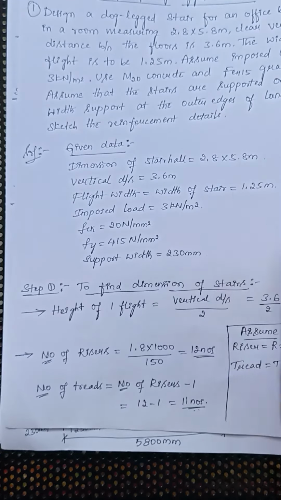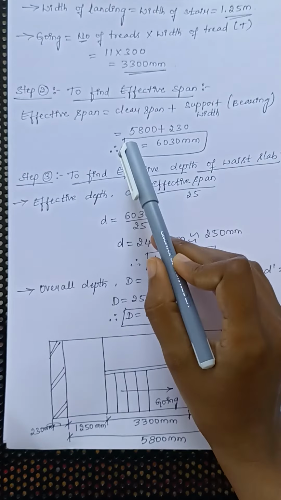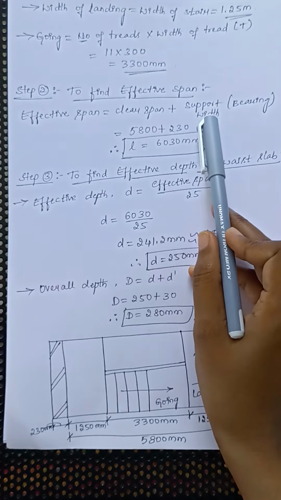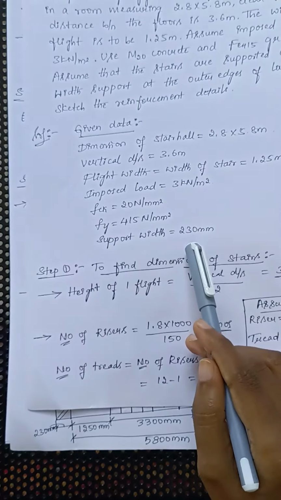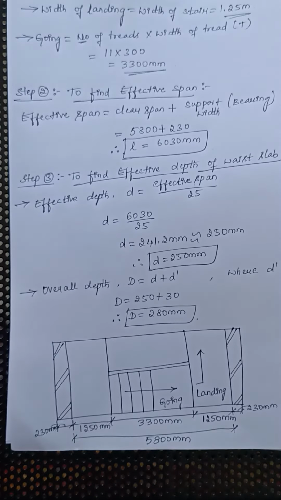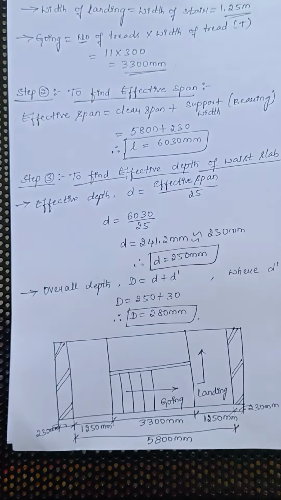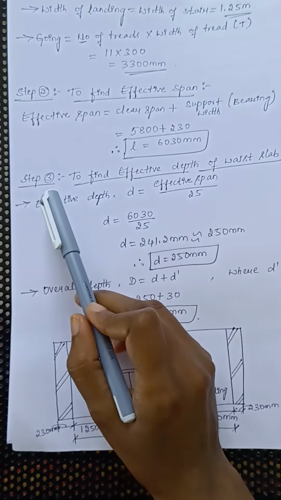The larger is 5.8 meter. Let us keep that in terms of mm, that gives you 5800 mm, plus the support width that is provided on either side. That is given in the question: the width of the support is 230 mm. Let us add both the values. On adding, you get a value of 6030 mm. That gives you the effective span of the stair. So that completes step number 2.